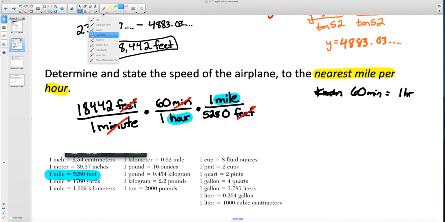So the last thing we need to do is just multiply straight across. So 18,442 times 60, times 1 mile, times 1 hour, times 5280. Okay, so let's take a moment and do that, multiplying straight across.